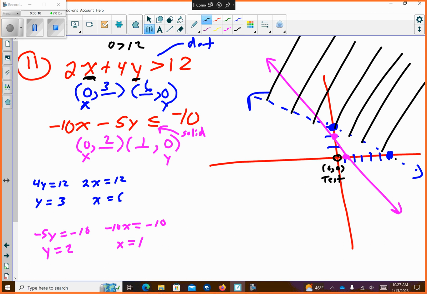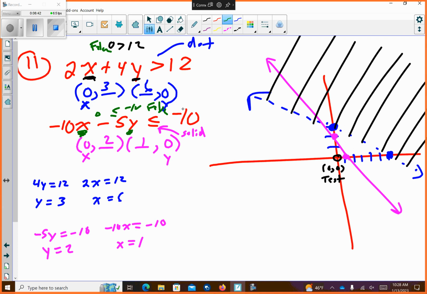Okay. Now we have to do the same thing. Now, nice thing is, cover method is going to work nicely. If I take 0, 0 and plug it in for the x and the y, what do I get on the left side? I get 0. Is 0 less than or equal to negative 10? No, this is false as well.